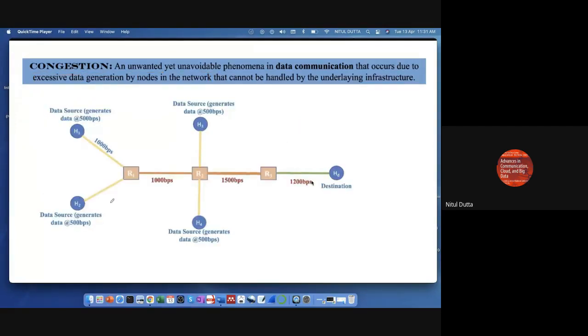To understand the concept of congestion, let us have a look at the network topology shown in the figure.